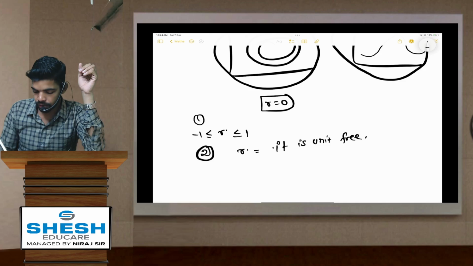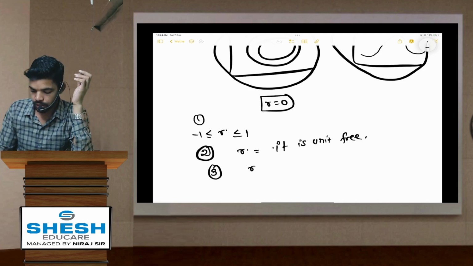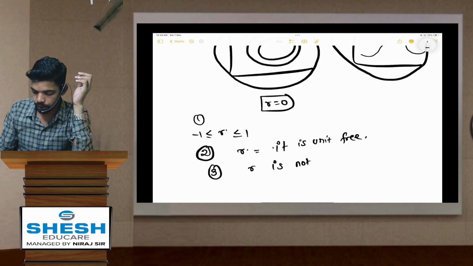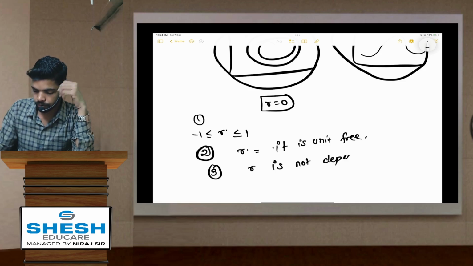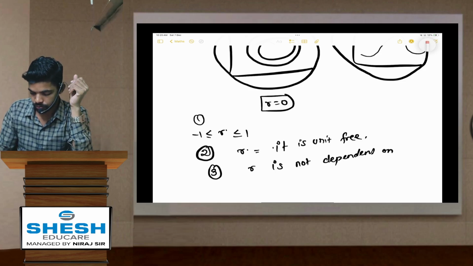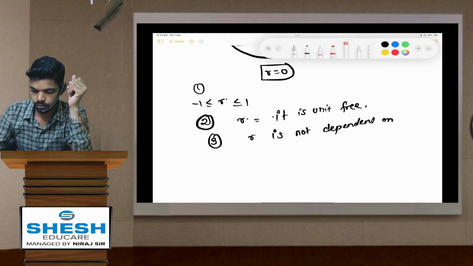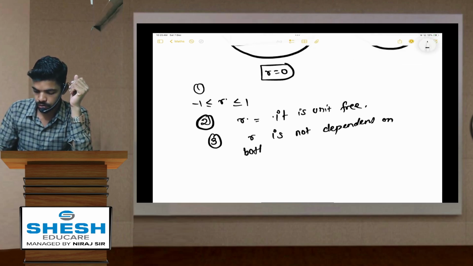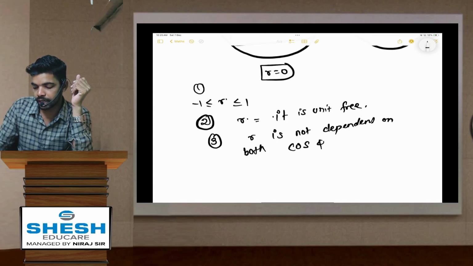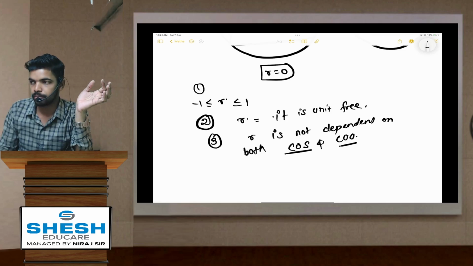And third, r is not dependent on both change of scale and change of origin.